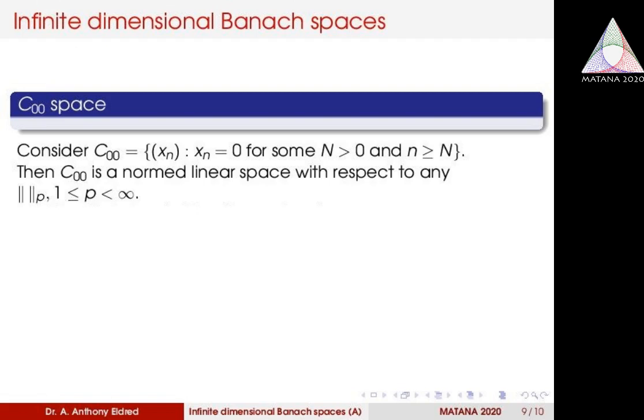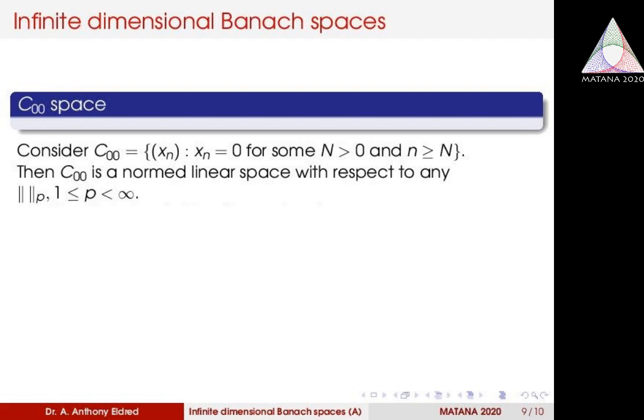C naught naught contains all the sequences xn such that xn equals 0 for all n greater than or equal to some capital N. Then we can see that by sequence addition and scalar multiplication, C naught naught is a normed linear space with respect to any p norm, 1 less than or equal to p less than or equal to infinity.